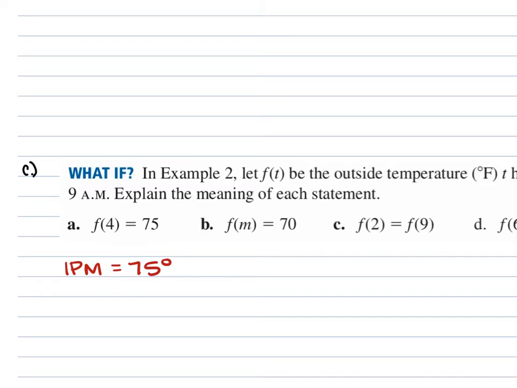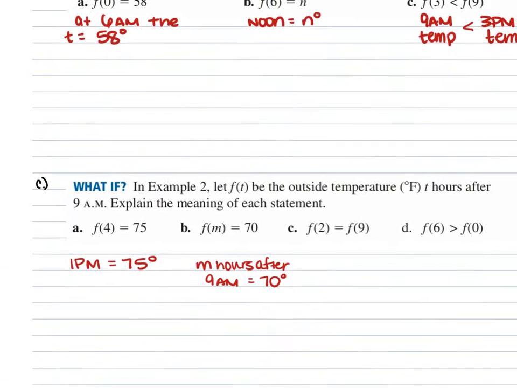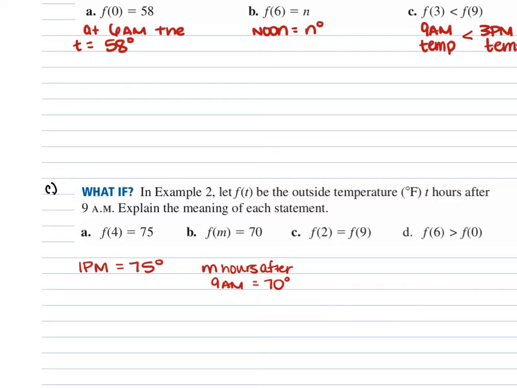For B, we have f of m is equal to 70 degrees, or 70. So if f of m, so at m hours after, then it would be 70 degrees. For C, we said we have f of 2 is equal to f of 9.